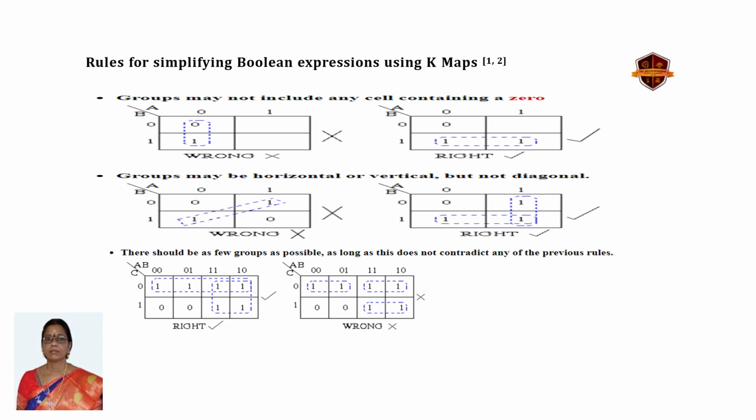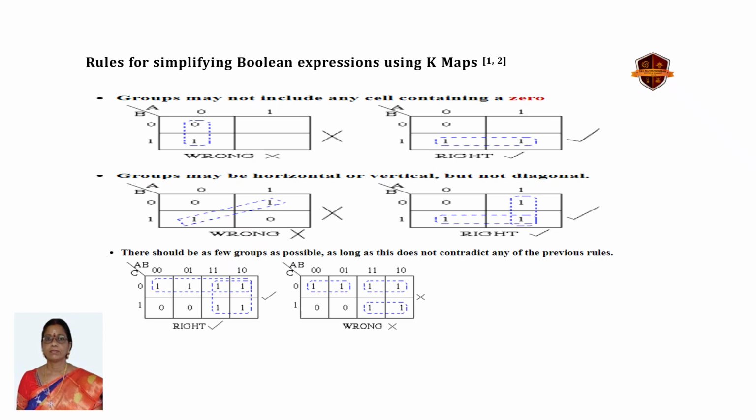Next is the 3 variable map. For example, if there are 4 ones in one row, you have to club all 4 ones. You cannot group them individually as 2 ones, as shown in the figure. It is not correct. So you have to follow the rules for grouping the ones to the maximum. For example, in a 3 variable map, if all 8 squares are 1, the result is 1.